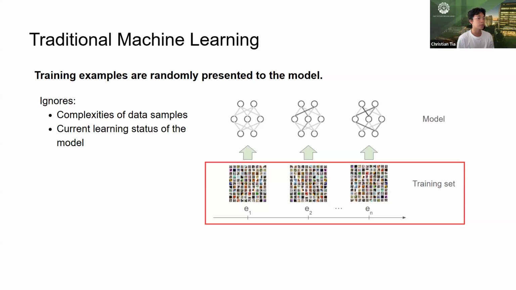Maybe this class has been overrepresented. However, an example from a poorer performing class versus an example from a well-performing class, they're still weighted equally. So we're once again ignoring the learning status of the model, and we're forfeiting that ability to leverage the performance of the model during training.